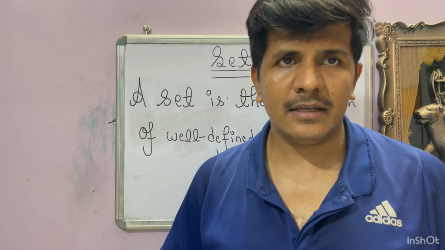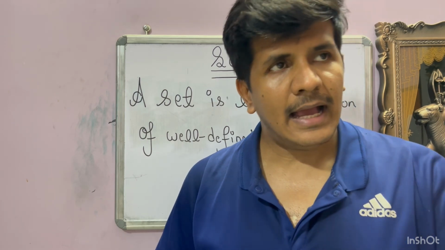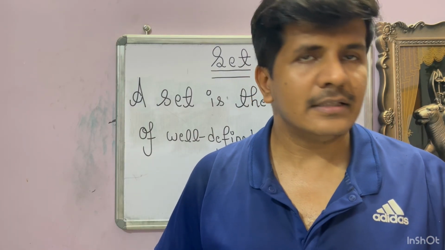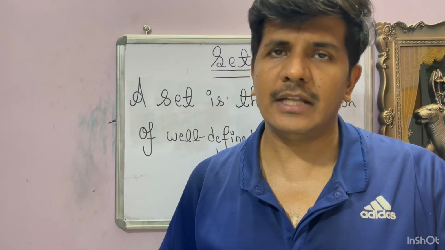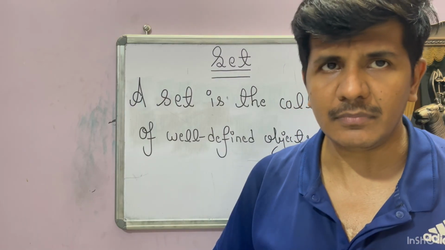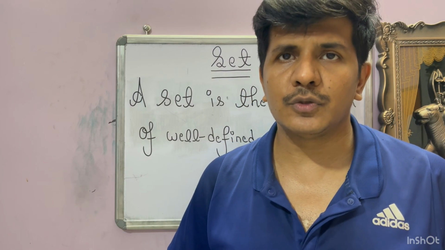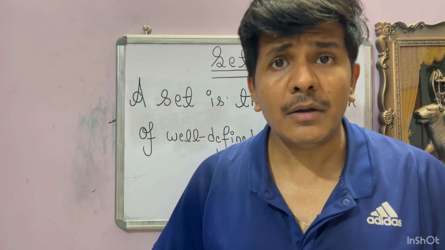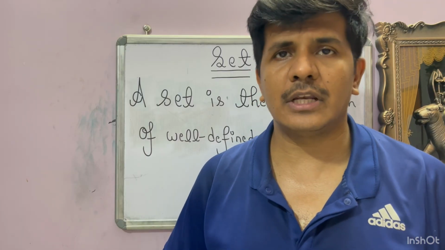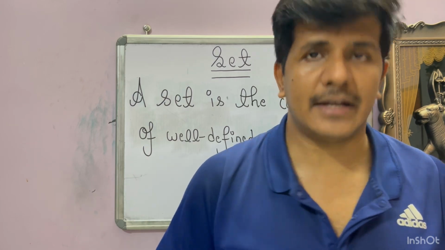So for a guy A the definition of fatness is different, so he will have a certain collection, and similarly for guy B the collection will be different, and the collection of guy A will definitely or might vary from that of guy B. Similarly, if I ask you to collect all beautiful flowers present in your garden, then for 2 or 3 people the definition of beautiful is different, so the collection will vary.